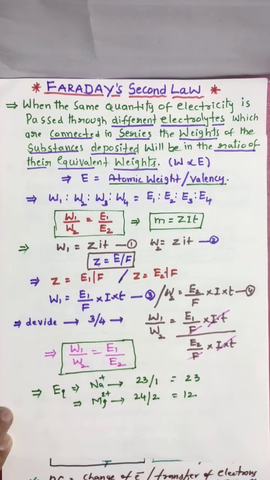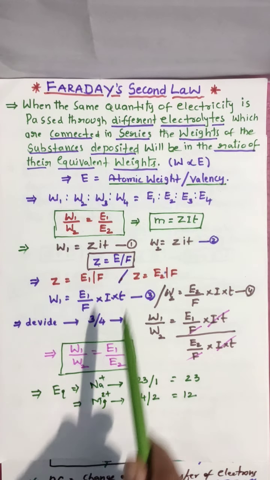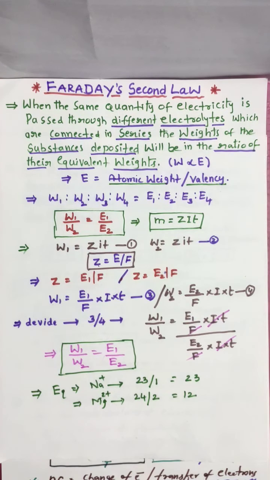This is the method to calculate equivalent weight, and we learned it in first PUC also. So equivalent weight is very important in Faraday's first law and in Faraday's second law. That's why everyone please concentrate on equivalent weight. Equivalent weight of an element equal to atomic weight of the element upon valency.